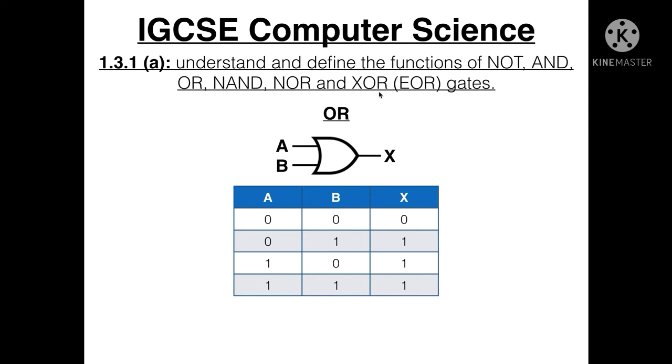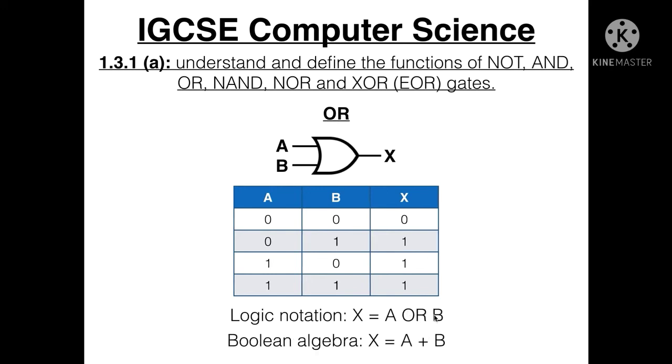It's exclusive OR. The OR gate can include multiple 1s for its input in order for the output to be 1. As long as any input, or one or more inputs, have 1, then the output is 1. So the logic notation would be this. Boolean algebra would be X equals A plus B.